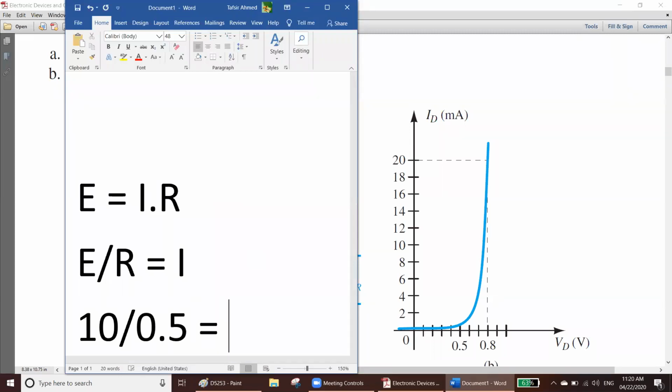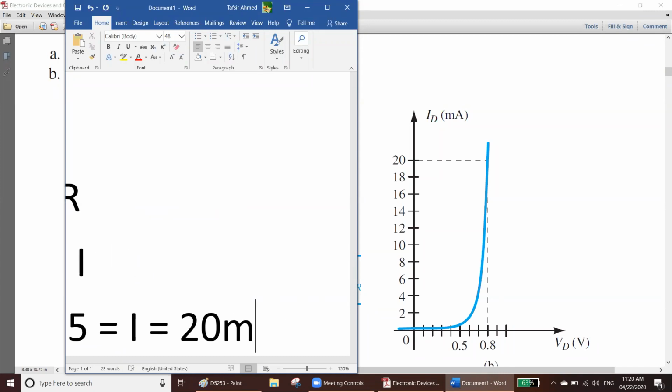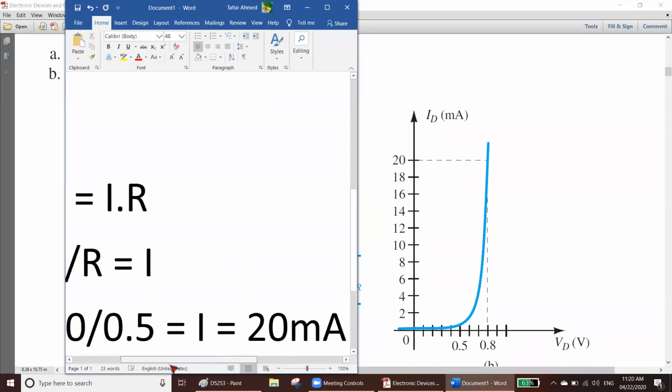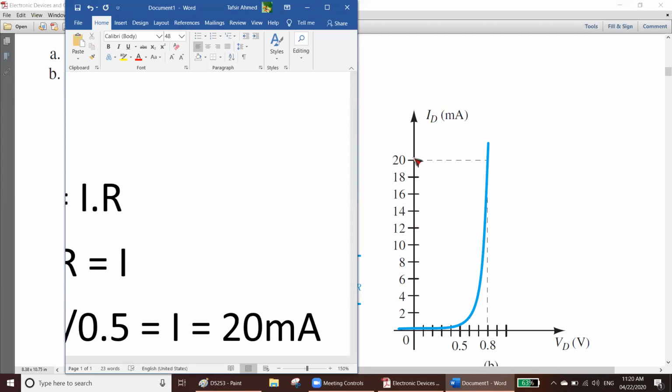Kilo. That is your I, equal to 20 milliampere, because 10 divided by 0.5 is equal to 20 milliampere. 20 milli is here. So that was your point for 10 volt. That is 20 milliampere. So if you draw a line, that is where your line will cross.